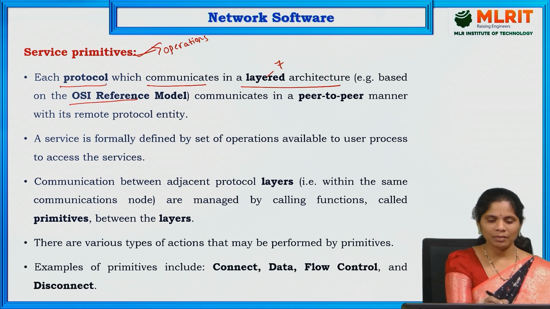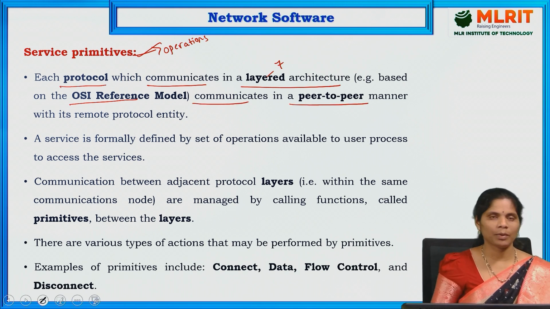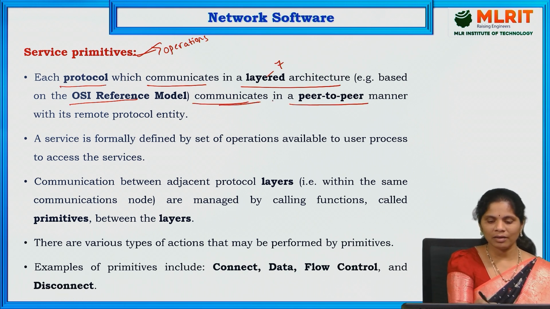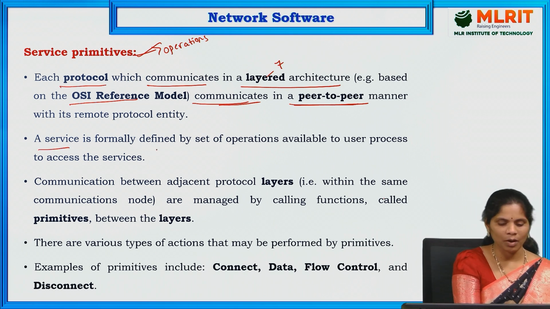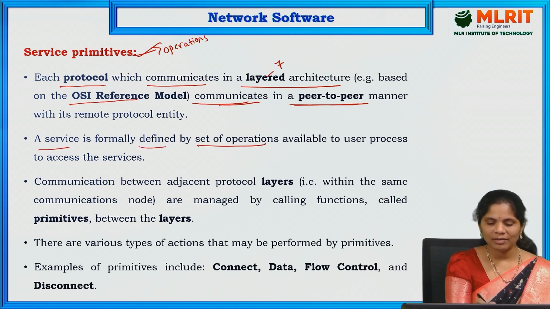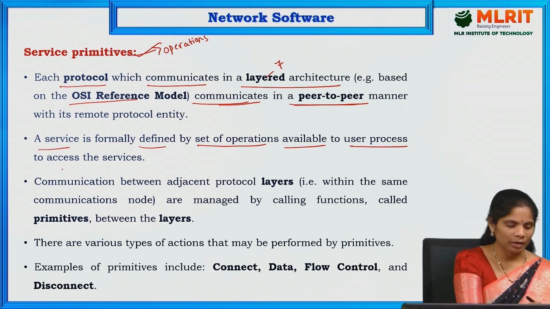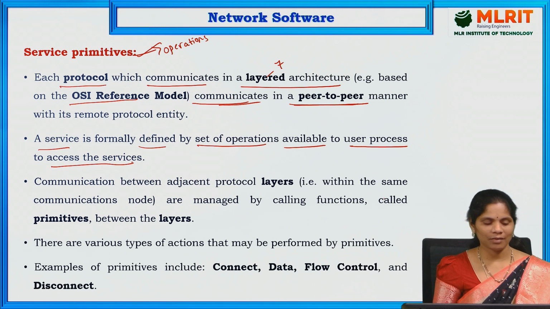At the same time, these layers communicate in a peer-to-peer manner. A service is formally defined as a set of operations available to the user process to access the services. That is service operations.